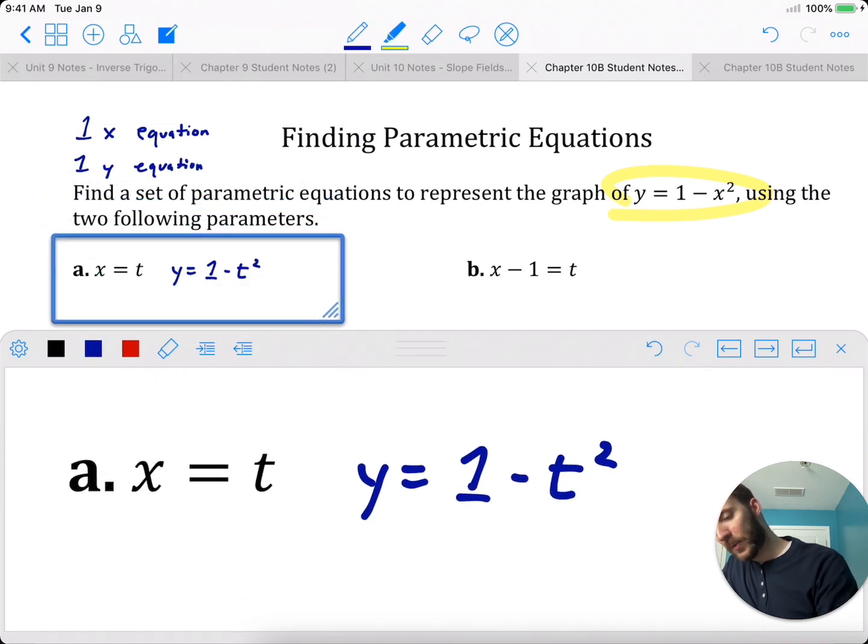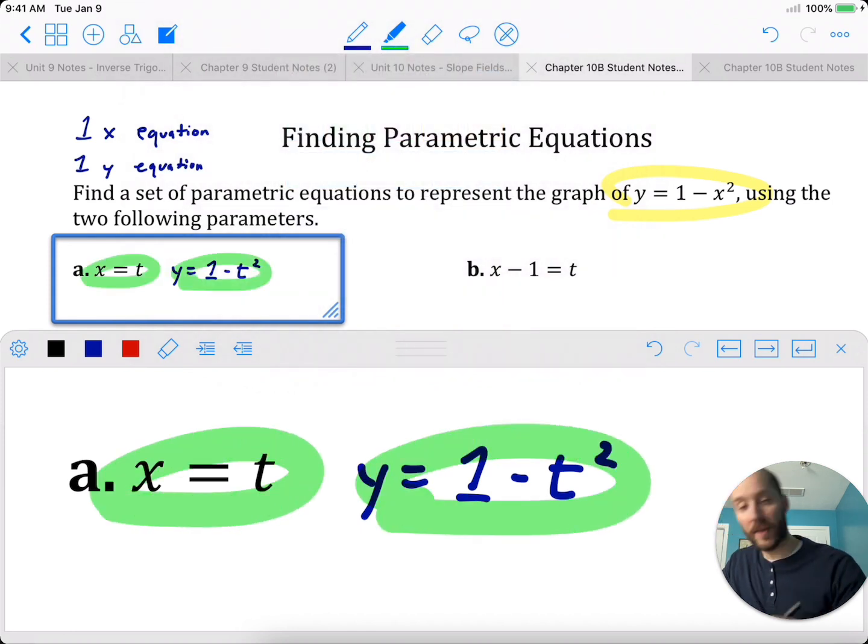And if we look, we have both those here. We have an x and we have a y. So we have found parametric equations for the x equals t parameter. Example B, check your work with my completed notes online.